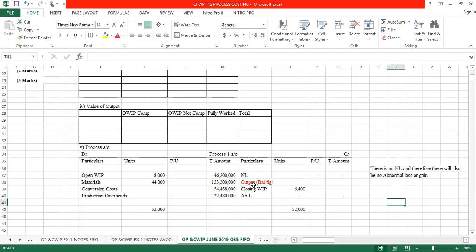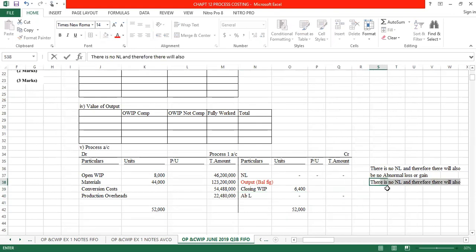I'm repeating. If there is no normal loss, there is no abnormal loss. Therefore, output will be a balancing figure.